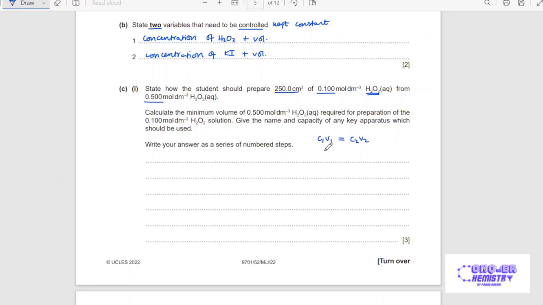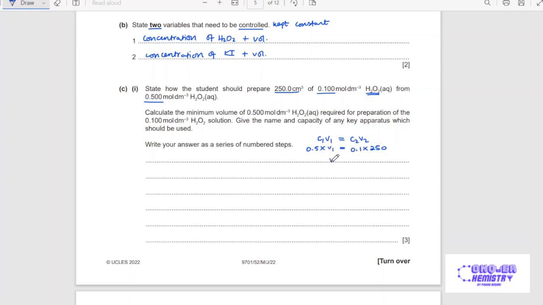So C1V1 involves the more concentrated solution. We have 0.5, which is the greater concentration. The volume is what we want to find. And in the dilute solution, 0.1 is the concentration and V2 is the volume, which is 250. That's the volume of solution we want to prepare.